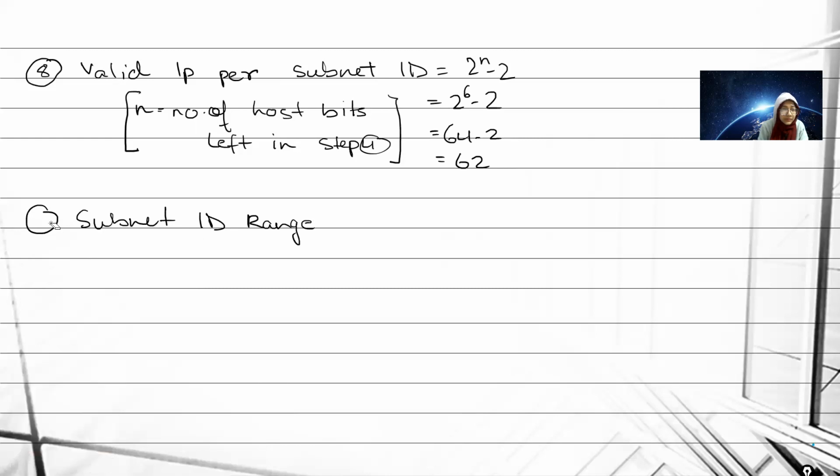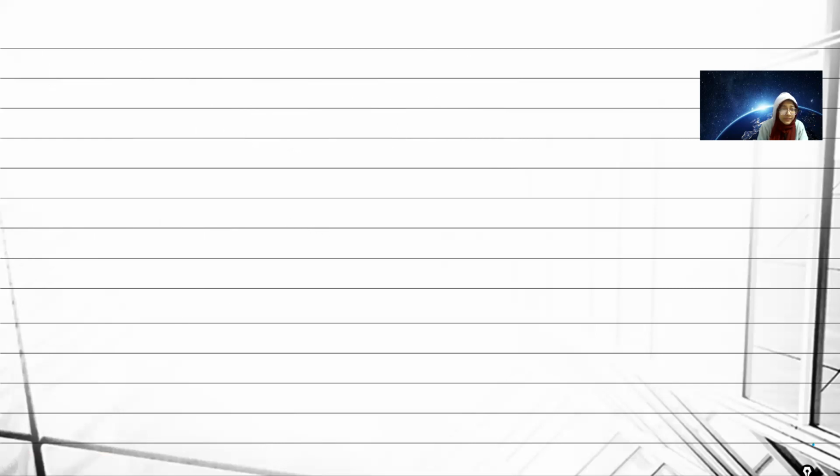It'll be a little bit long. Subnet ID range. We make 4 columns like this.